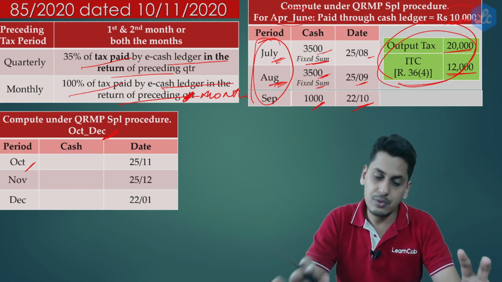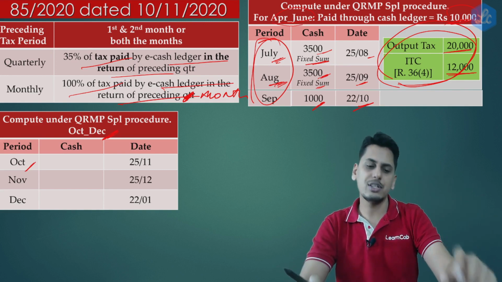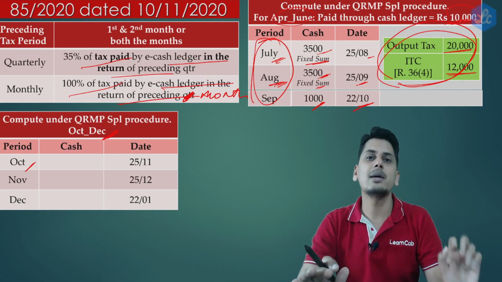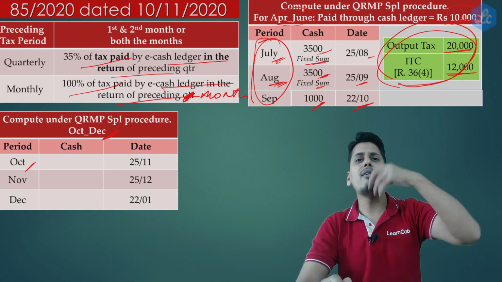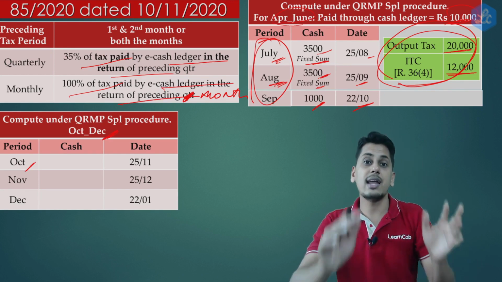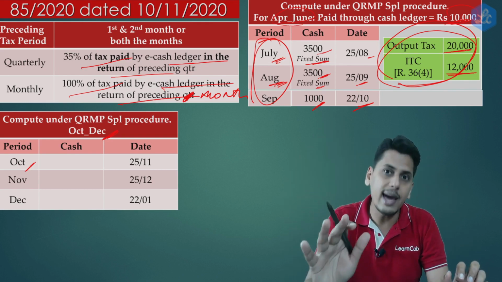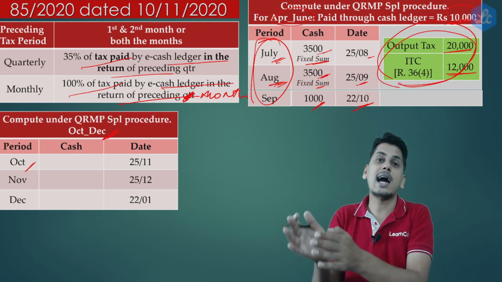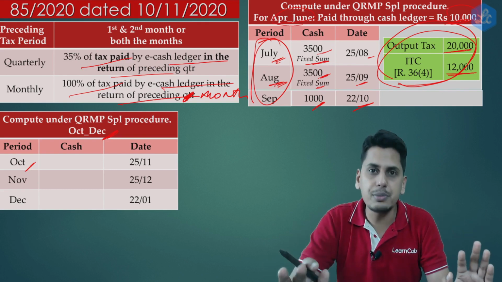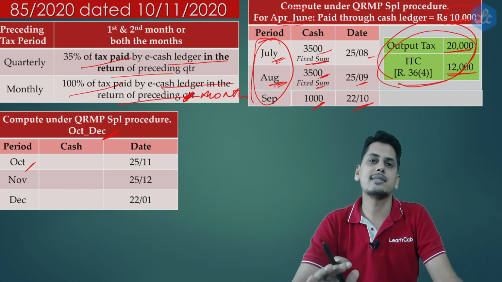So now friends, just visualize, he would say 8,000 is payable from the cash ledger, 7,000 is already available as a deposit in my cash ledger, 1,000 I will additionally deposit in the cash ledger, and this 8,000 rupees which is now there as a balance in my cash ledger, I will debit it to discharge my liability of July, August and September.